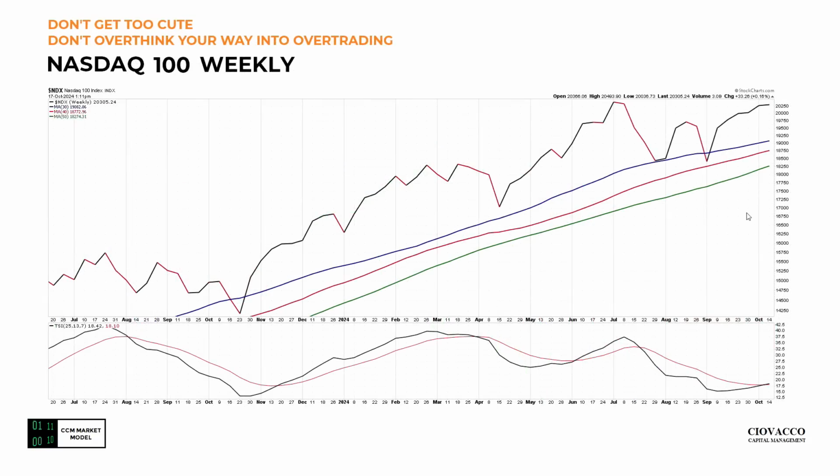As always, it's extremely important that we don't become complacent. But at the same time, we don't want to get too cute, overtrading our accounts, or being overly concerned about being in the market leaders every single day. We don't want to overthink our way into overtrading.